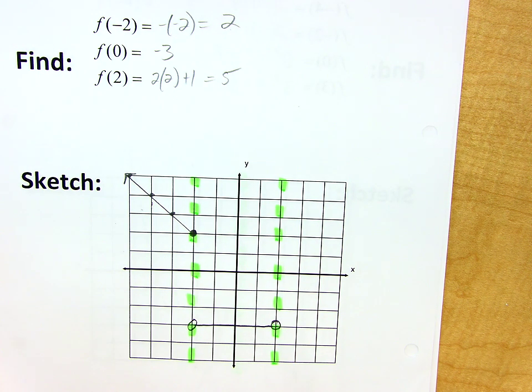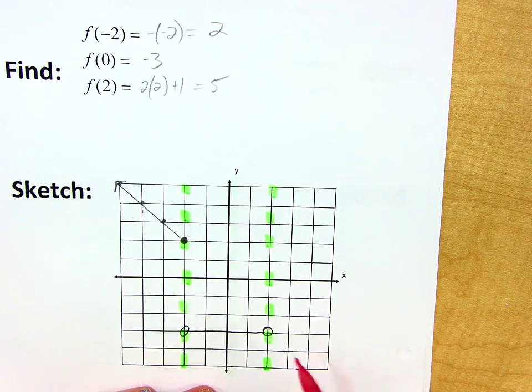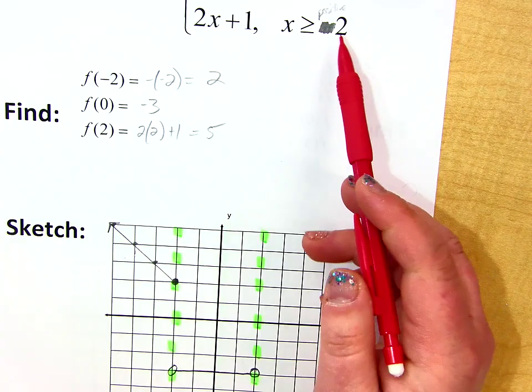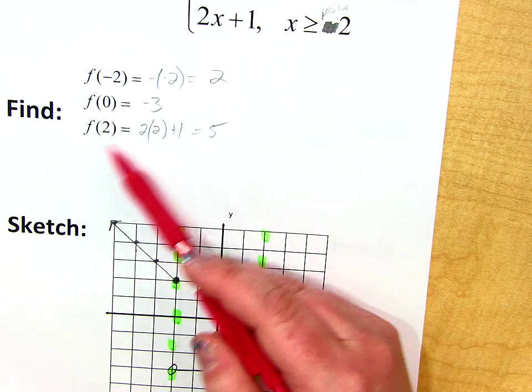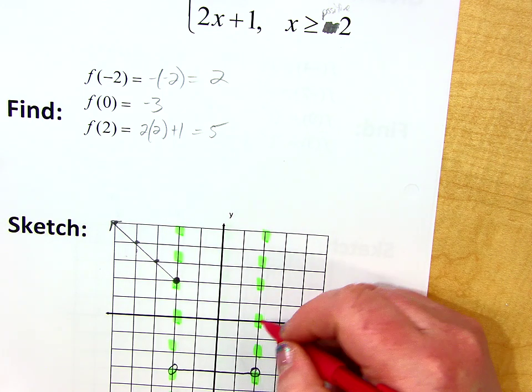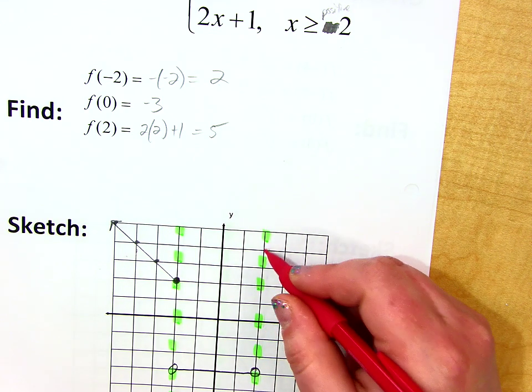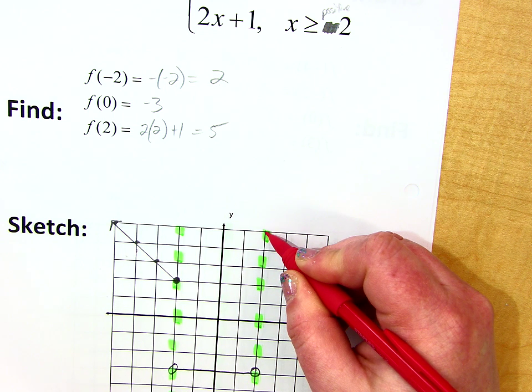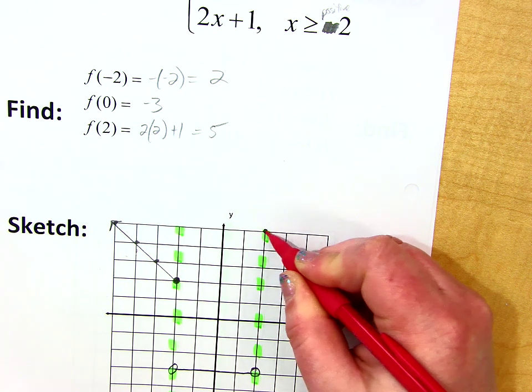Okay, and now let's graph this other one, 2x plus 1. So again, you can graph like you normally would, start at 1 and go up 2 over 1 if you want, or go ahead and take 2 and plug it in, which we already have, 2 comma 5: 1, 2, 3, 4, 5. And then is this going to be a closed dot or an open dot? Closed.